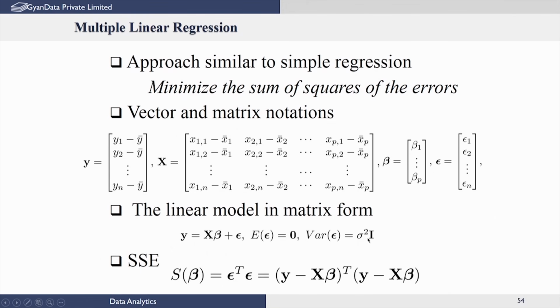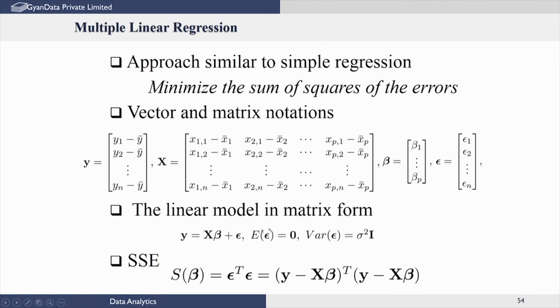In this form, it means all the epsilons, epsilon 1 to epsilon n, have the same variance sigma squared, the homoscedastic assumption, and we also assume that epsilon i and epsilon j are uncorrelated if i is not equal to j, in which case we can write the covariance matrix of epsilon as sigma squared I.